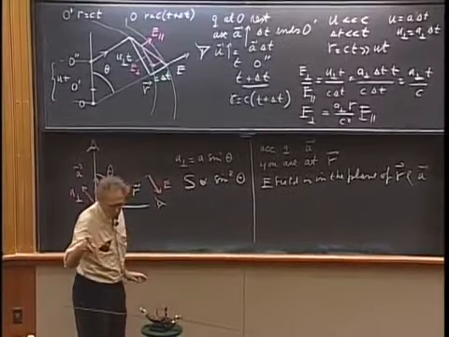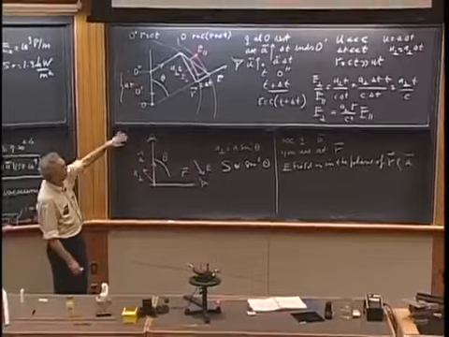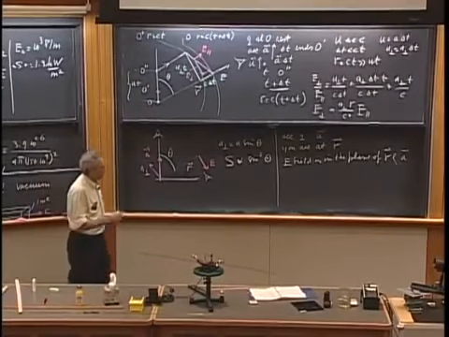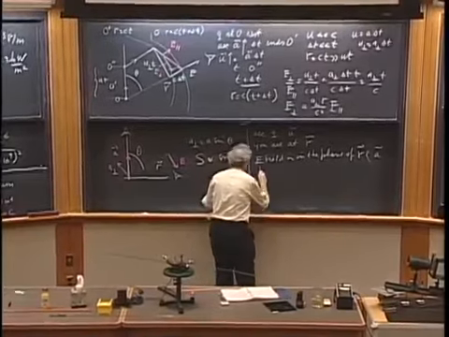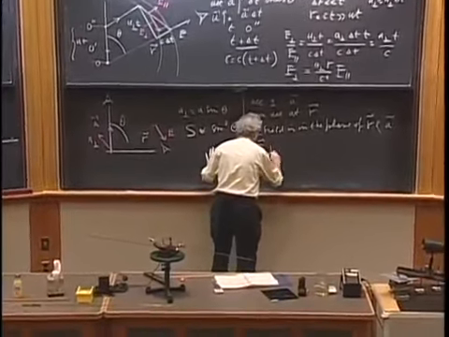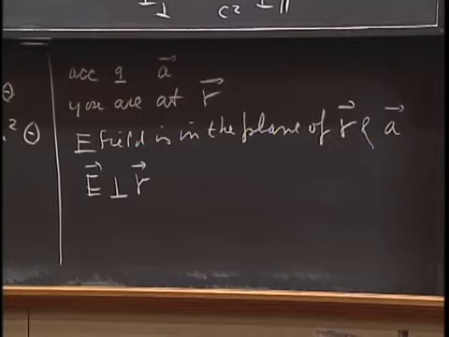So whatever R you choose, you may choose any R you want to, also outside the blackboard, of course. This is just for simplicity. The E vector must be in that plane, but the E vector must be perpendicular to R. Maxwell's equations demand that the E vector is perpendicular to the direction of propagation for a traveling wave.